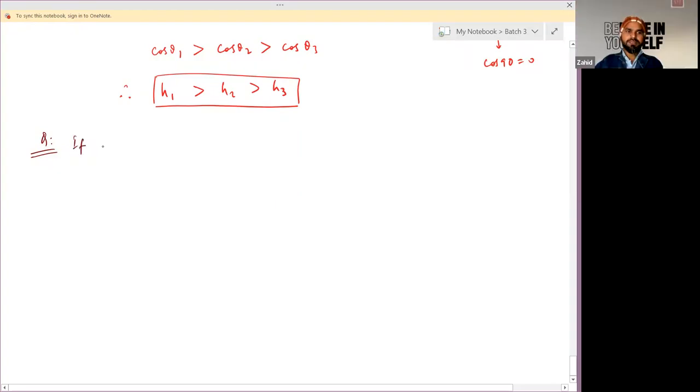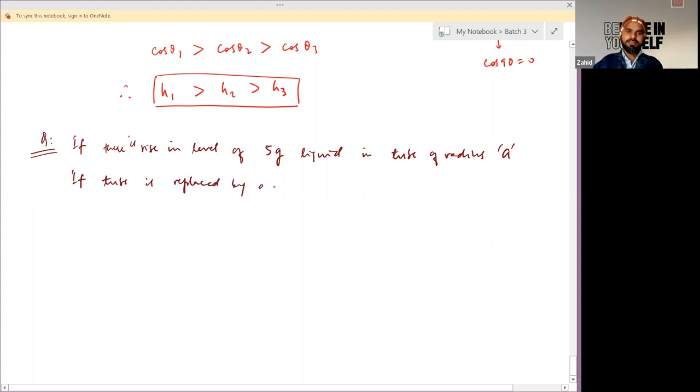If there is a rise in level of 5 gram liquid in a tube of radius A, if the tube is replaced by another having radius A by 2, find the mass of liquid raised in the tube.